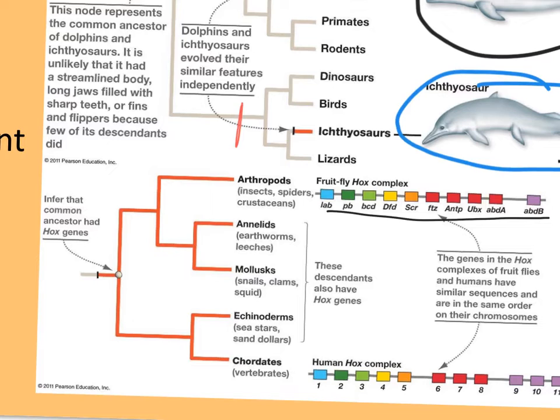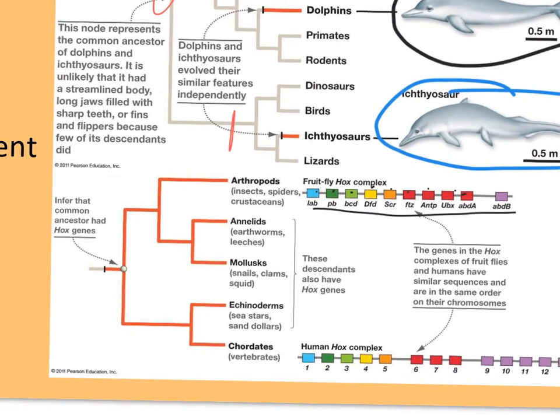If we look up here and we look at fruit flies, they have 1, 2, 3, 4, 5, 6, 7, 8, 9, 10 Hox genes. Now these Hox genes are identical between a fruit fly and a human.